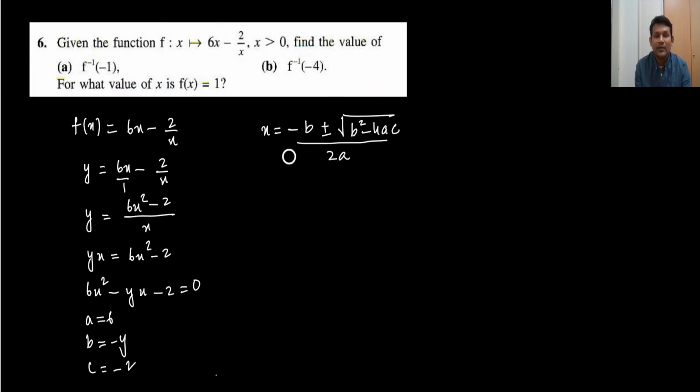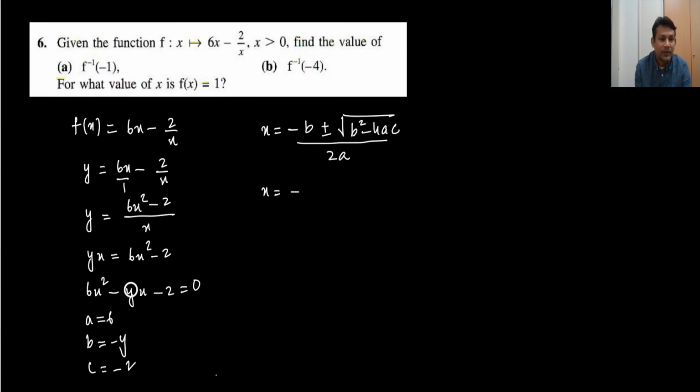Just put the values. When you see this quadratic formula, there is no x on the right-hand side, so x is already the subject, and our target is to make x the subject. So x is equal to minus b, which is minus, and this minus will become plus.